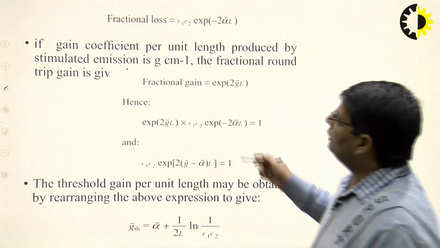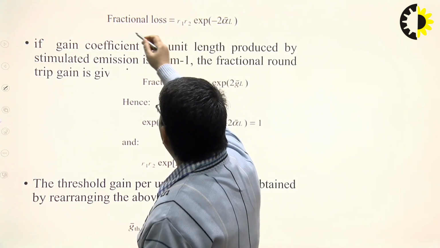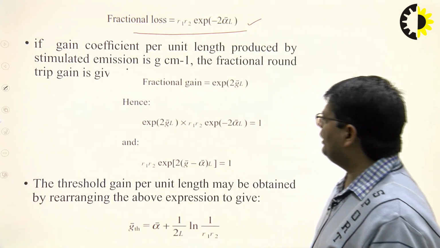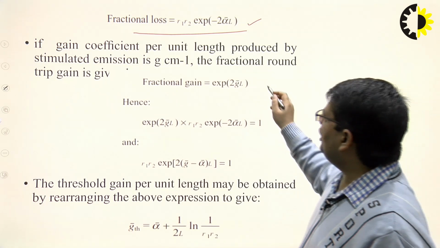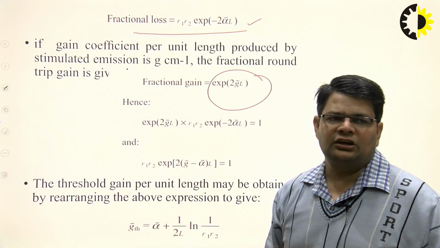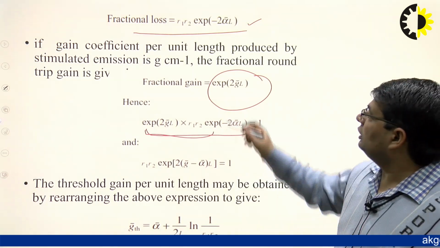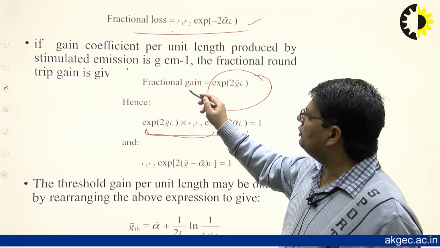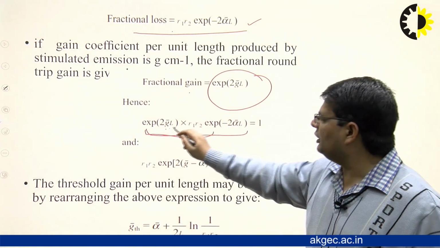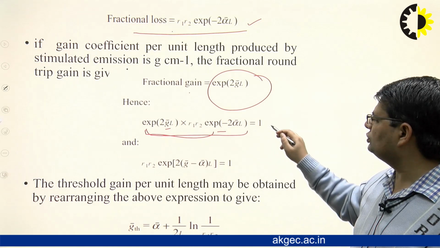All the losses occurring inside the cavity are shown through the fractional loss, and all the gain occurring inside the cavity is denoted by the fractional gain. The fractional loss must be balanced out by the fractional gain. So the fractional gain multiplied by the fractional loss is equal to 1.